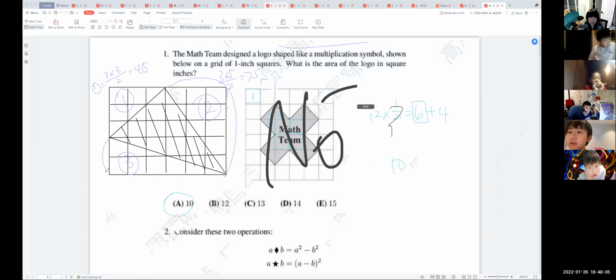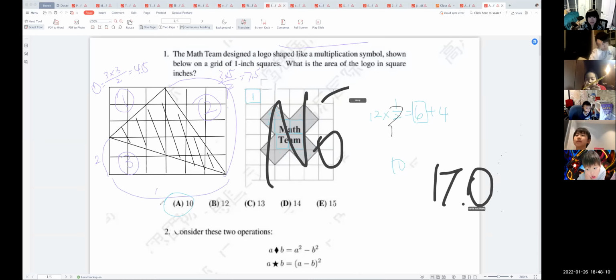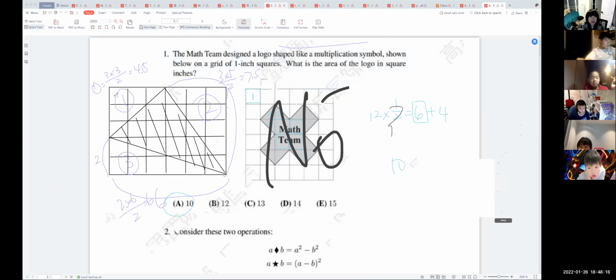Then this one is 2 times 6 divided by 2 equals 6. The whole area is 5 times 6. So 5 times 6 minus 4.5 minus 7.5 minus 6. The answer is 30 minus 12 minus 6 equals 12.